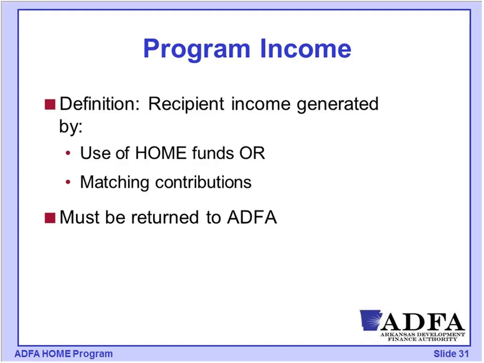It essentially holds its federal identity, so that HOME program income will have to be reused for another HOME eligible project. All of those other federal requirements, the labor standards, environmental review, all of that will continue to apply to those funds. They also get reported in IDIS, all of the same requirements as our HOME funds when we initially utilize them. So just keep in mind, all program income is going to be returned to ADFA.